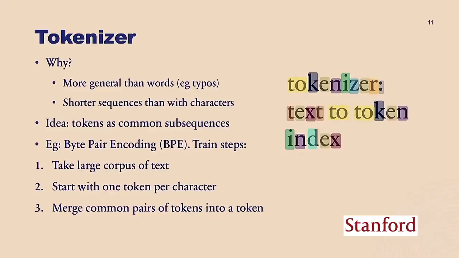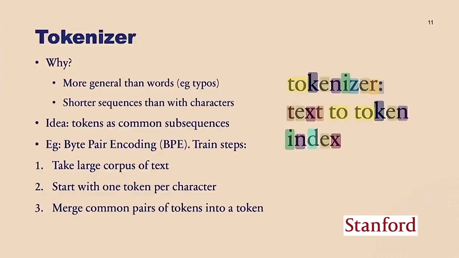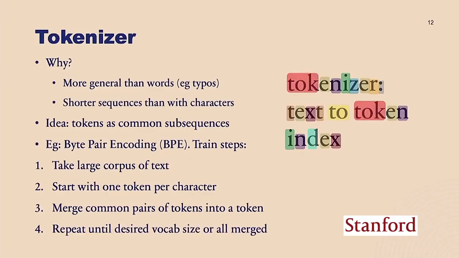And then you go through your text, and every time you see the most common pair of tokens, you merge them. So here you see 3 times the tokens T and O next to each other, so you say this is a new token. And then you repeat that.